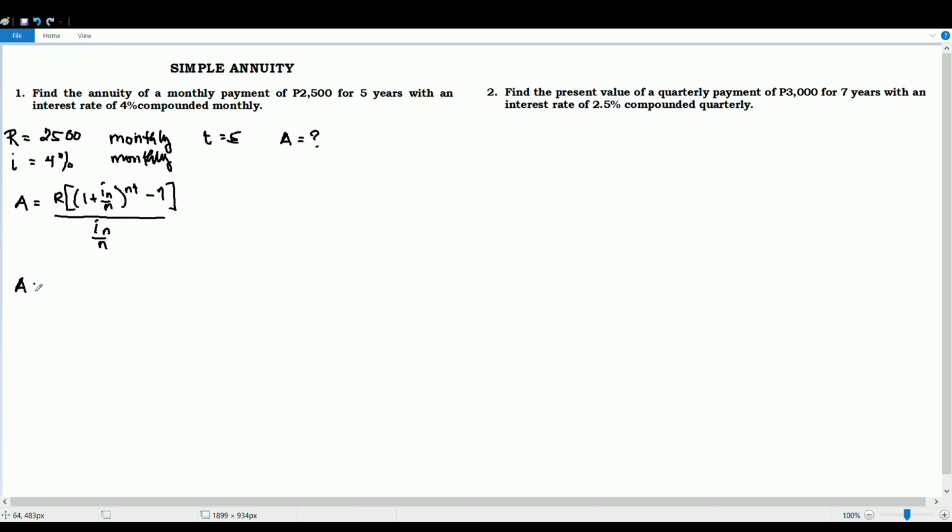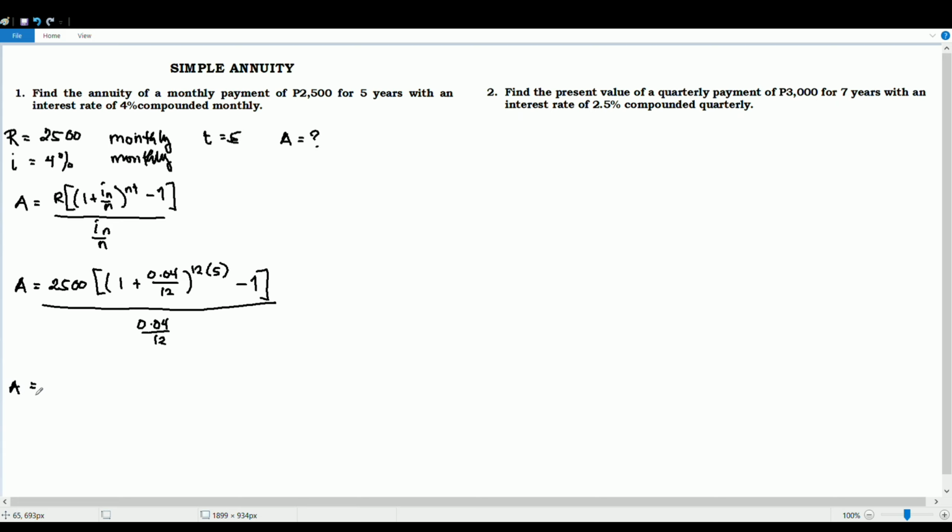Now substituting the values, our R is 2,500 pesos to be multiplied by 1 plus 0.04 over 12, that is in months, raised to 12 times 5 years, minus 1, all over i subscript n is 0.04 over 12.